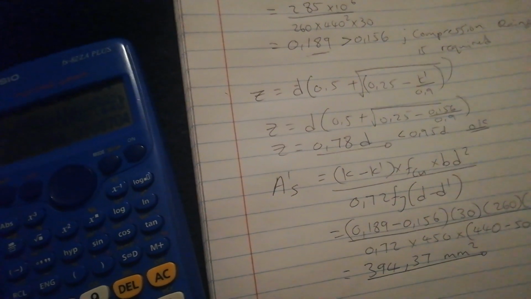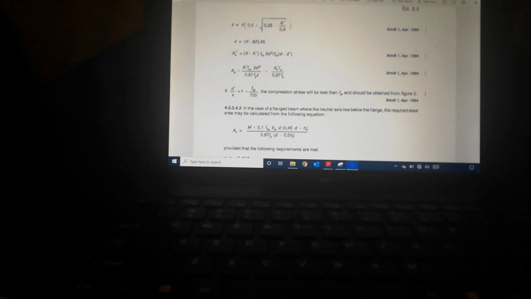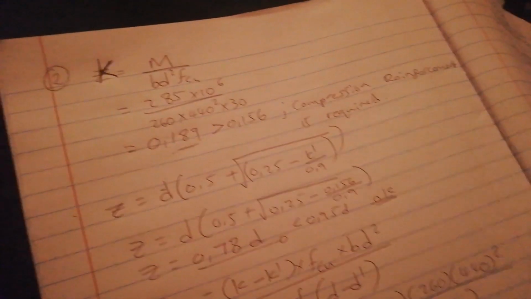Now we need to go back to the code book. Remember, you are doing structures; you go back to the code book whenever you want something. Now we want the area of tension reinforcement steel. This combines everything: the area of tensile reinforcement plus the area of compression reinforcement.